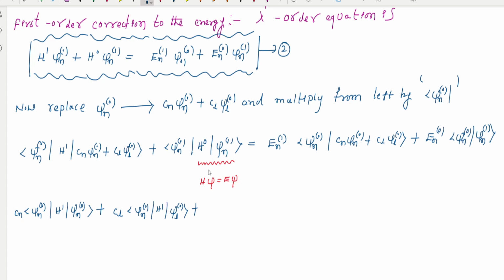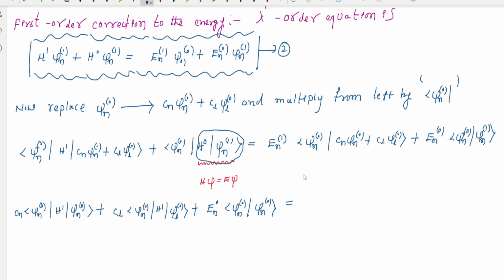I'm going to replace the E side, this one. Okay, this is En power 0 psi n power 0 psi n power 0, the ground state wave function.